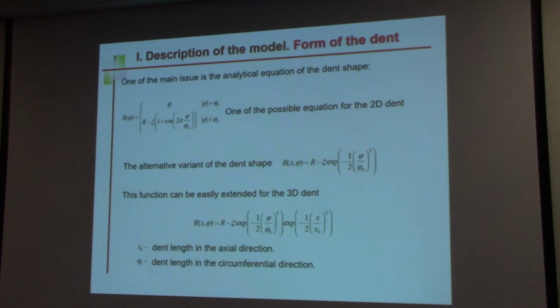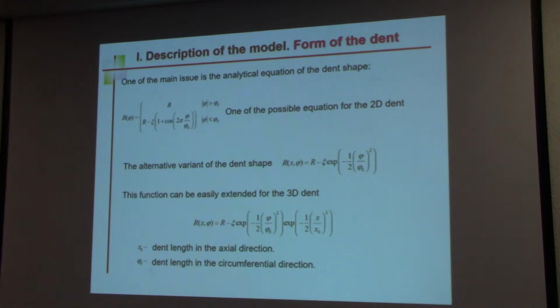Another issue is what the form of the dent will be. Generally, this equation is used by many researchers, but this other equation is better because we use exponential functions and it can be easily extended to a 3D dent.